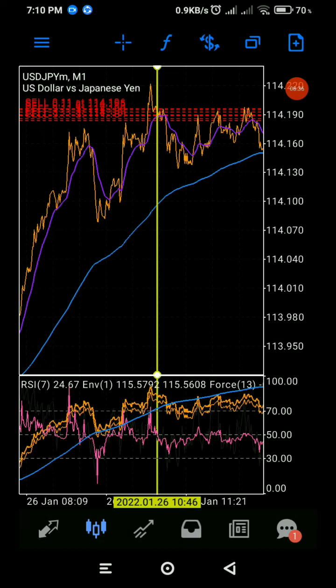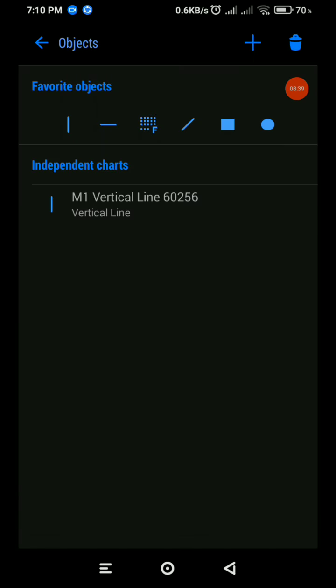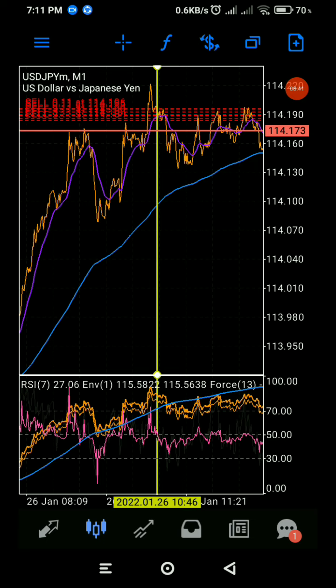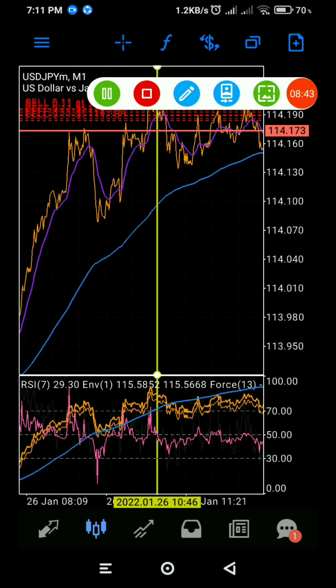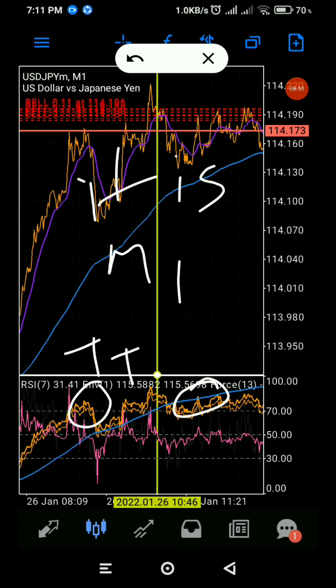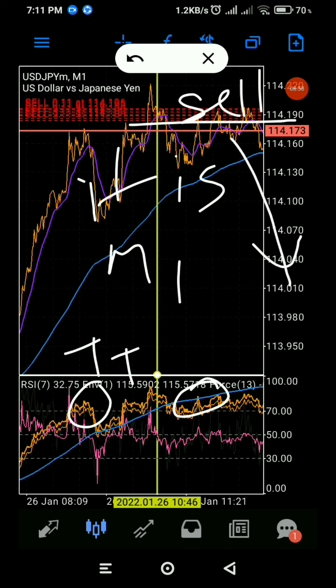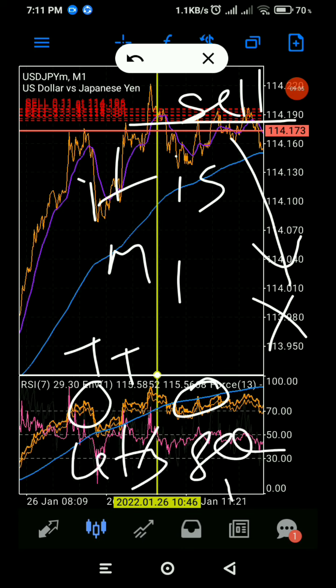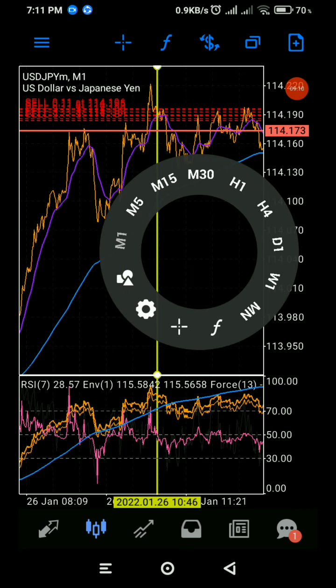So here you see the USDJPY, and here I'm marking the entry point for this pair's losses. Here you see the entry point with the vertical and horizontal green and pink line. So it is M1, you see the blue cross at the twin tower formed on the 70 level, so it indicates sell. So we have taken sell, but it wasn't a correct decision because we didn't see the higher time frame. So I'm now going to the H1 chart.